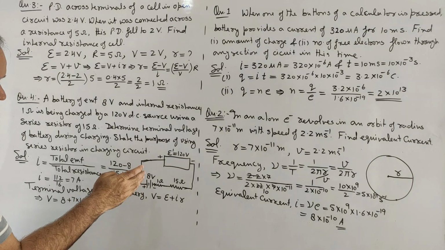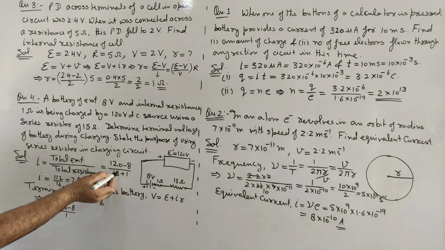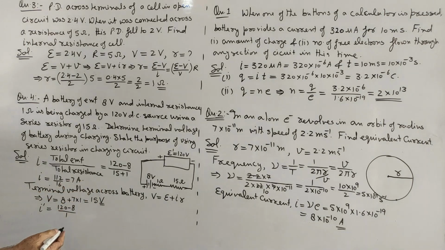It means the charging current is reduced using the series resistor, and in the absence of this series resistor, the electric current through the battery will be 120 minus 8 upon 1, because without a series resistor, R equal to 0, the 15 would have been replaced by 0, and that would have given us 112 ampere.